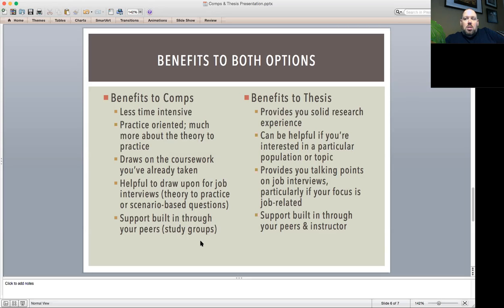So if you need time and a half, or you need double time, or if you need a scribe, if you need whatever it is you need, and as long as it's covered in your accommodations by our DSS office, then yes, we work with you, and we have worked that for many students before. So you do have that option. I encourage you to use it if you have an accommodation. Absolutely, you should be activating those accommodations and using it for comps, because we want you to be successful.